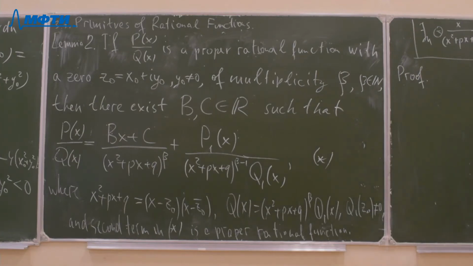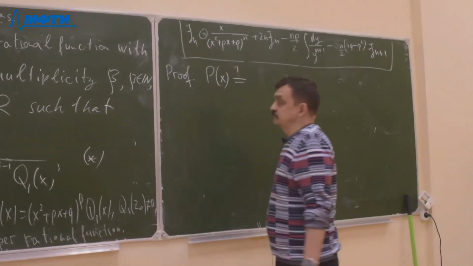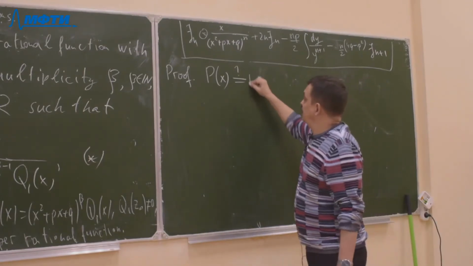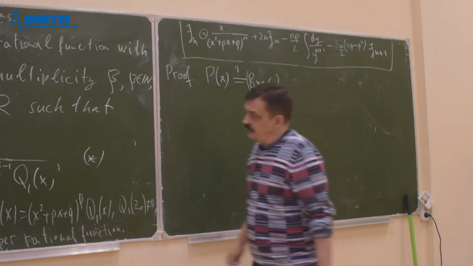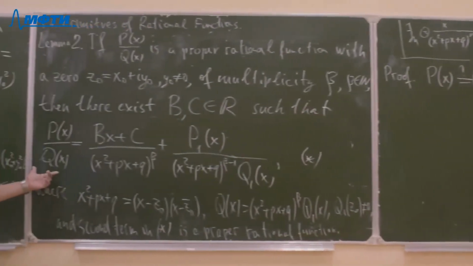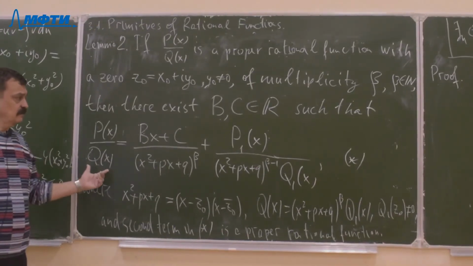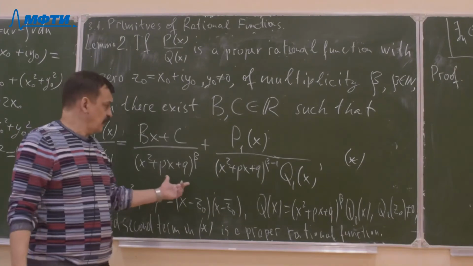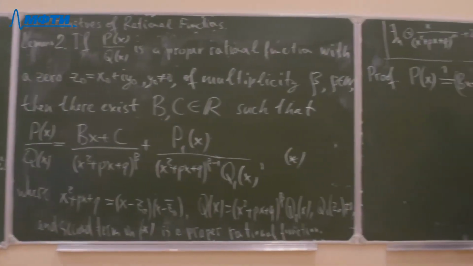So once again, let me write the desired equality equals to bx plus c. So once again, common denominator is q of x. Hence, bx plus c should be multiplied by q1 of x.